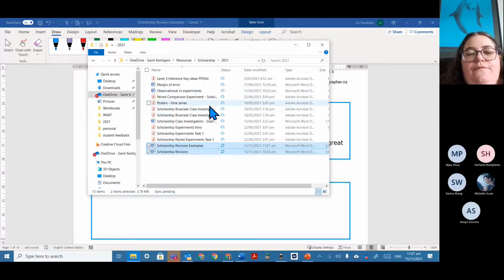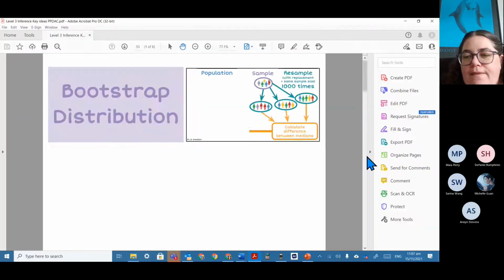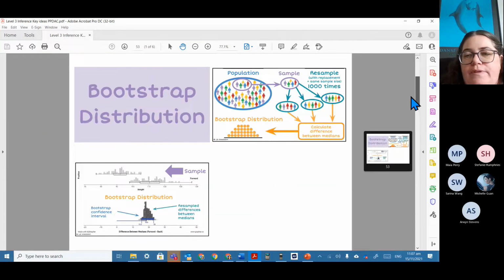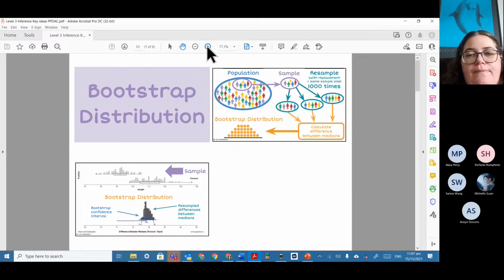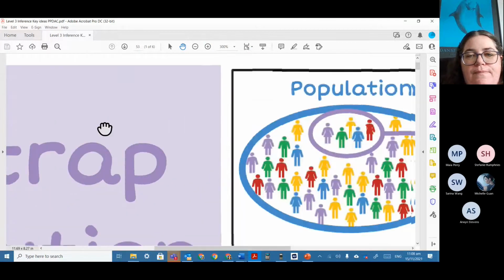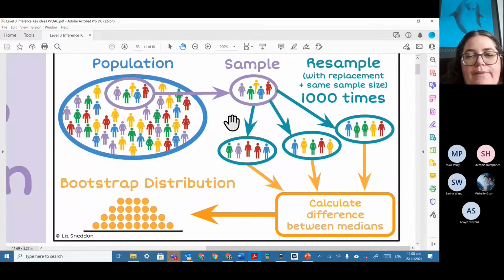Let me just see if I can find, there was a poster, oh, this one, yeah, there we go. So this is the bootstrap distribution idea.